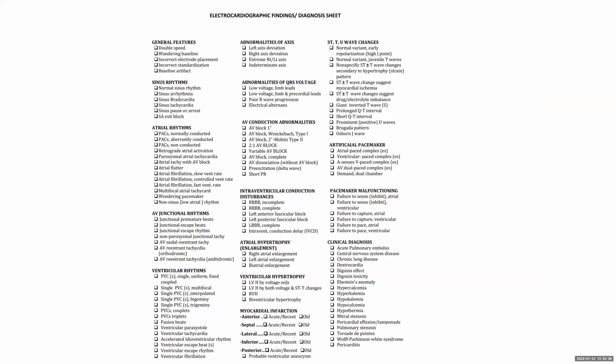You have AV block complete. And then you can add digoxin toxicity. I think it's fair if you want to add that. You can add artifacts. I think that's also fair.